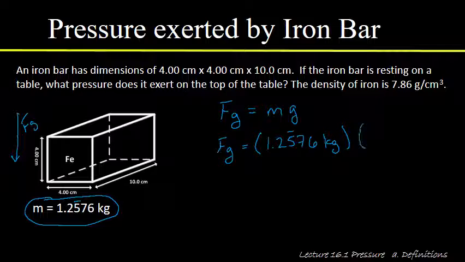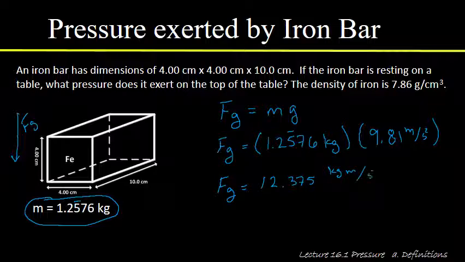And G, of course, is a constant. And if we multiply those together, we get 12.375 kilograms meters per second squared.